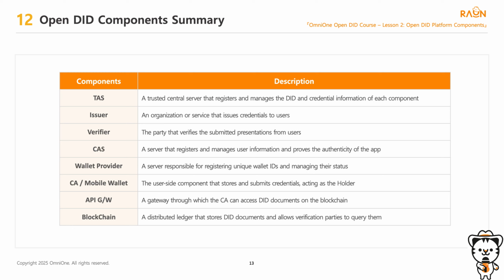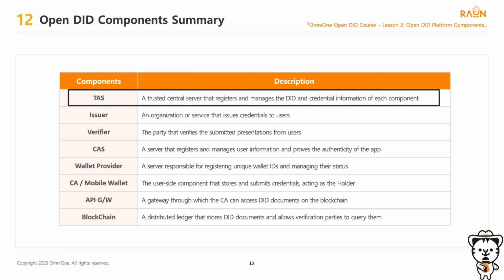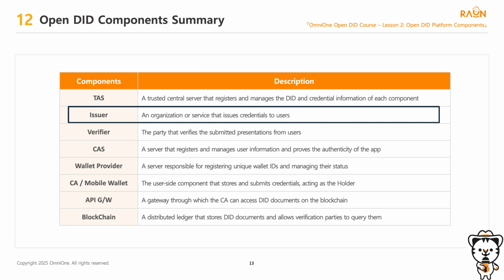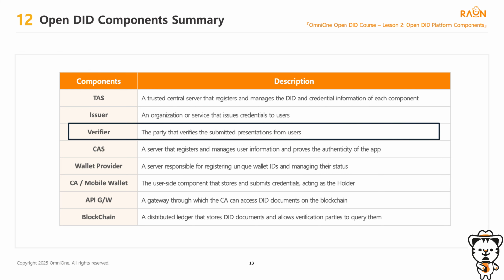So far, we've explored the major components of the OpenDID architecture. Let's take a moment to summarize. First, the TAS is a trust-centered server that registers and manages the DIDs and credentials of each component. The issuer is the organization or service that issues credentials to users. The verifier is the entity that checks the credentials submitted by the user.